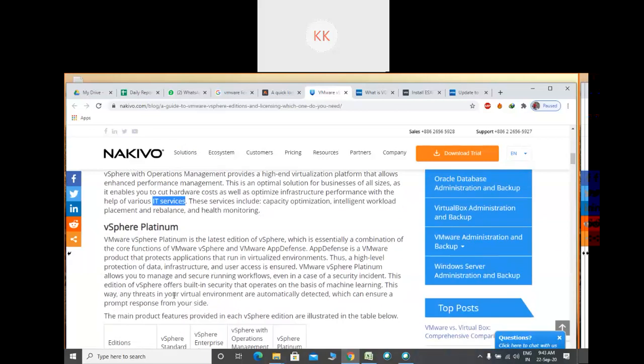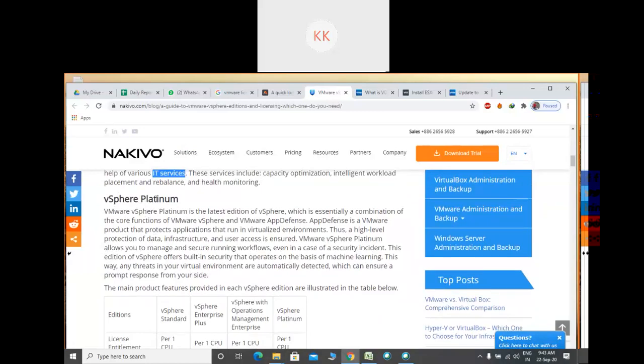Next one is your vSphere Platinum. VMware vSphere Platinum is the latest edition of vSphere, which is essentially a combination of the core functions of VMware vSphere and VMware AppDefense. AppDefense is a VMware product that protects applications that run in virtualized environments.